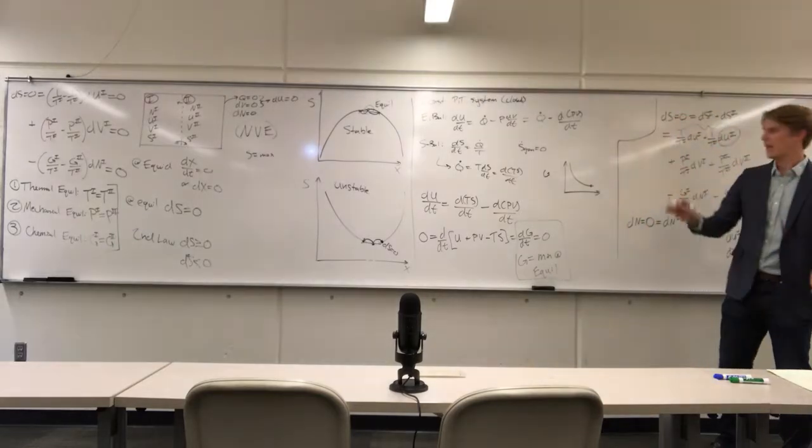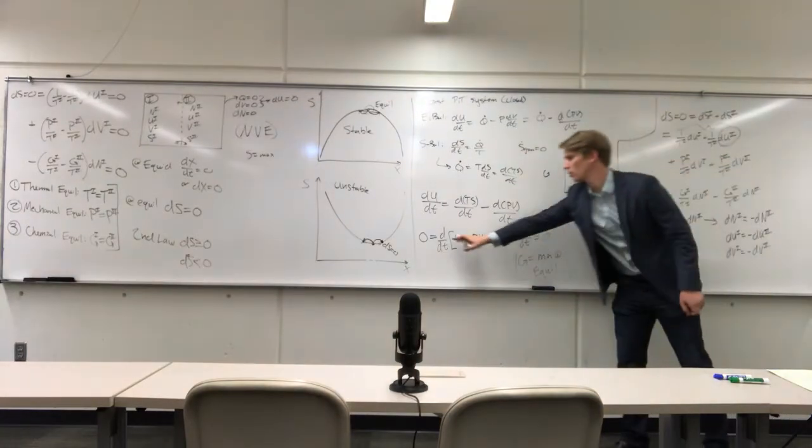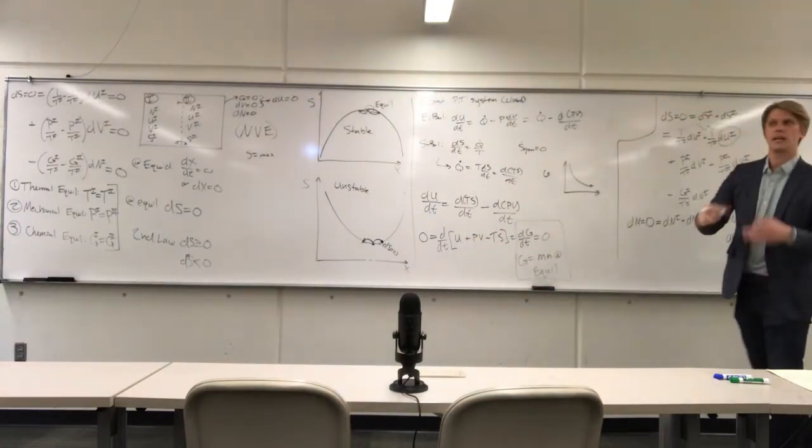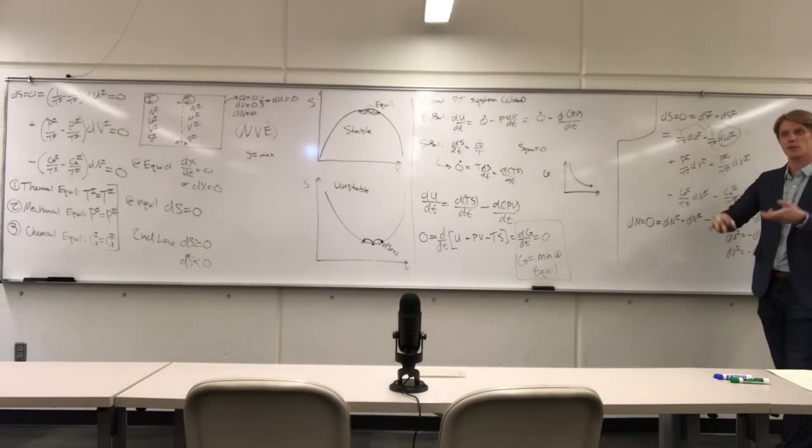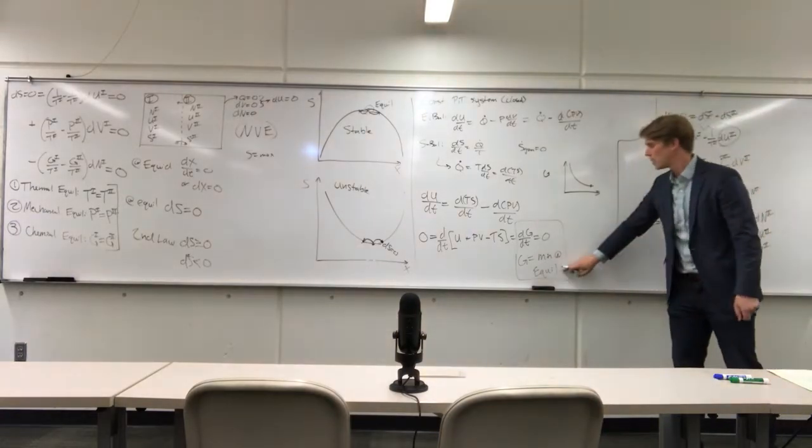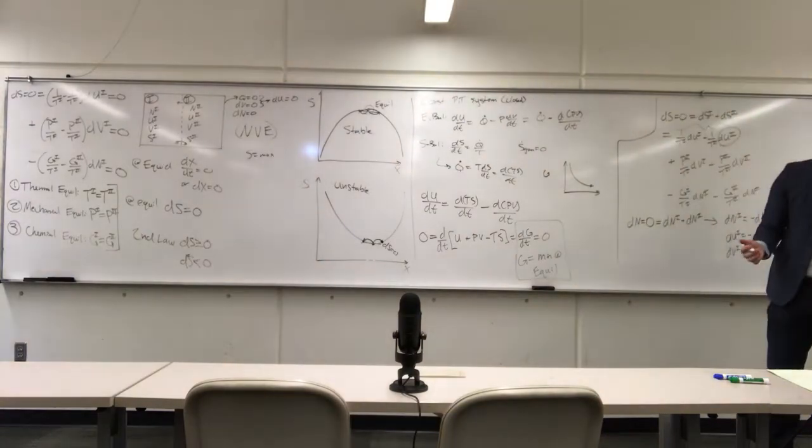You can make hand-wavy sense of it, right? Because there's a reciprocal relationship between, as entropy gets bigger, Gibbs gets smaller, so it makes sense that this is the case. So that's how we know that the Gibbs is a minimum and not a maximum at equilibrium. It's a consequence of stability.